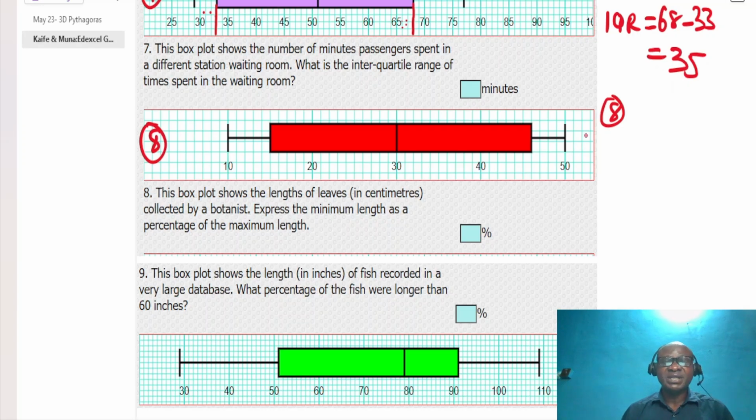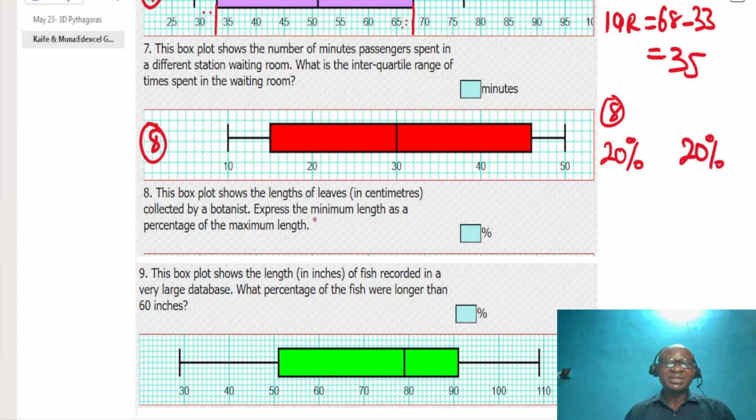Minimum as a percentage of maximum. I got 20%. Okay, cool. Let's work it out.